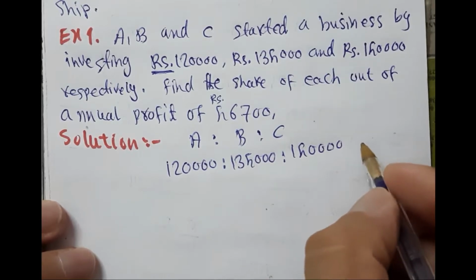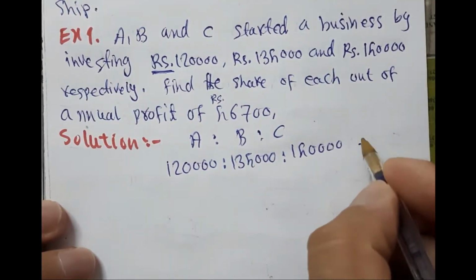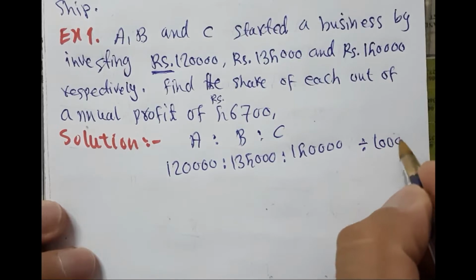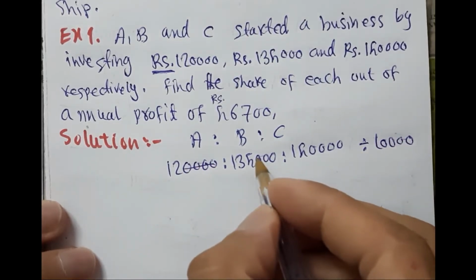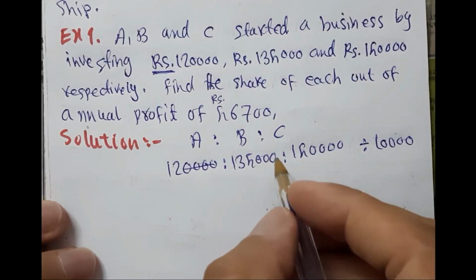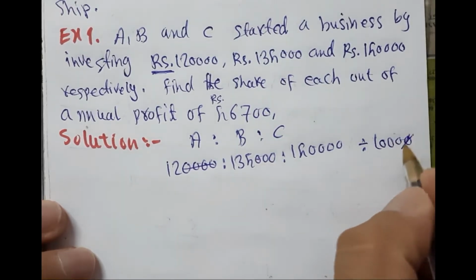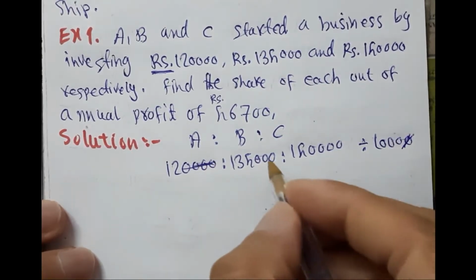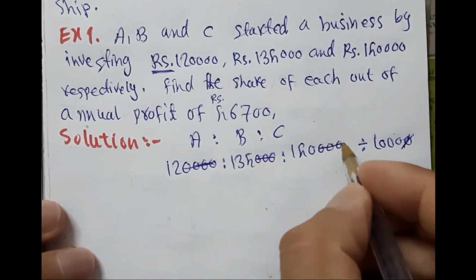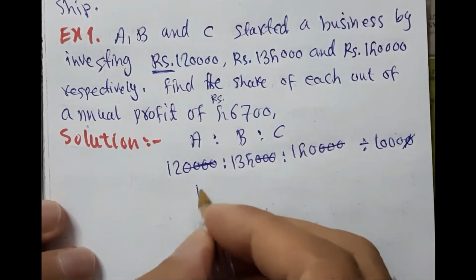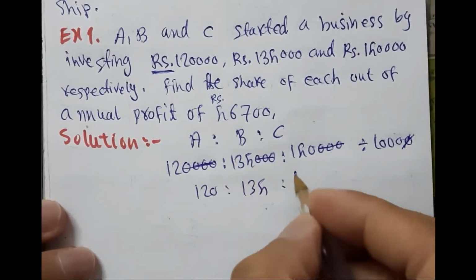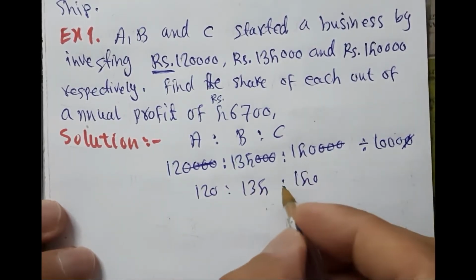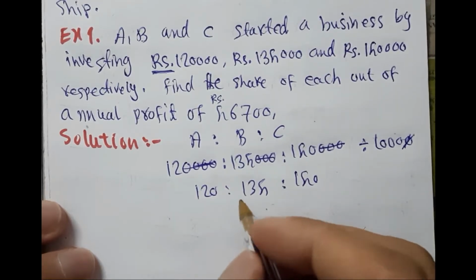We divide each of them by 1,000, three zeros cancel. 120, 135, 150. Again we can divide by 5.